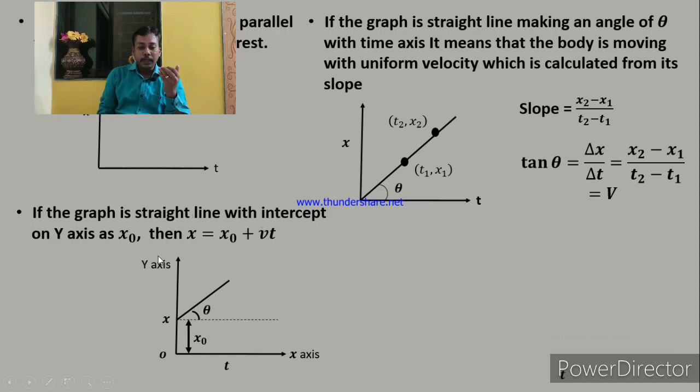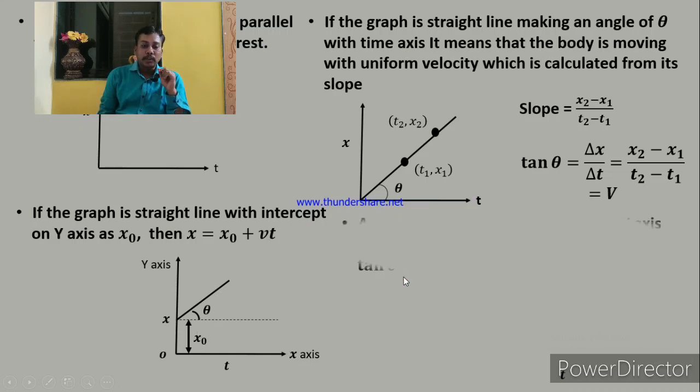This x0 is the initial displacement when time is 0. The body has already been displaced through distance x0.